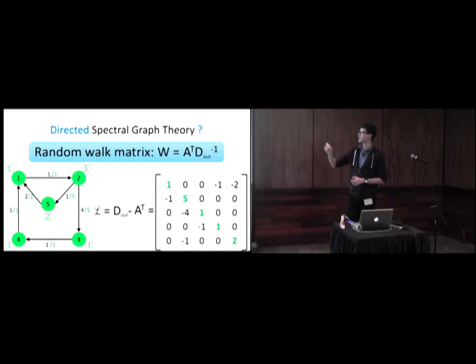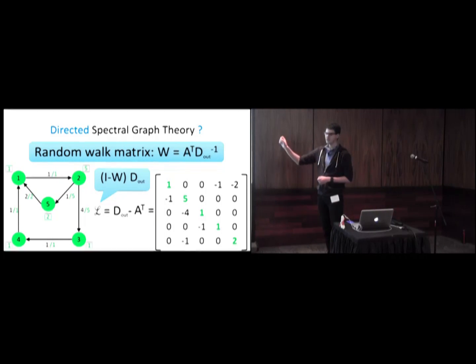In other words, the random walk matrix is W = A^T D_out^{-1}, a diagonal scaling of the transpose of the adjacency matrix. And the directed Laplacian is nothing else but a diagonal scaling of I minus W.